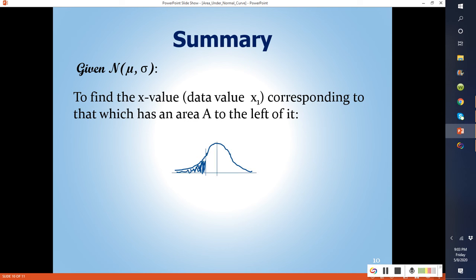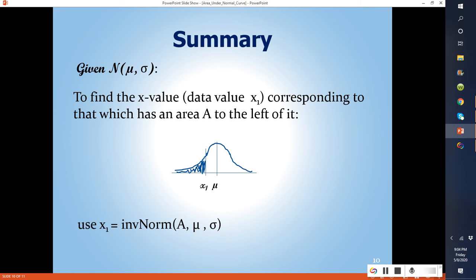My picture shows values to the left. Now I'm going to show you what's on the x-axis, which would be my x1 and my mu. And I'm trying to find x1 because I know the shaded area right there. So you say x1 is equal to inverse norm of A, mu, comma, sigma.